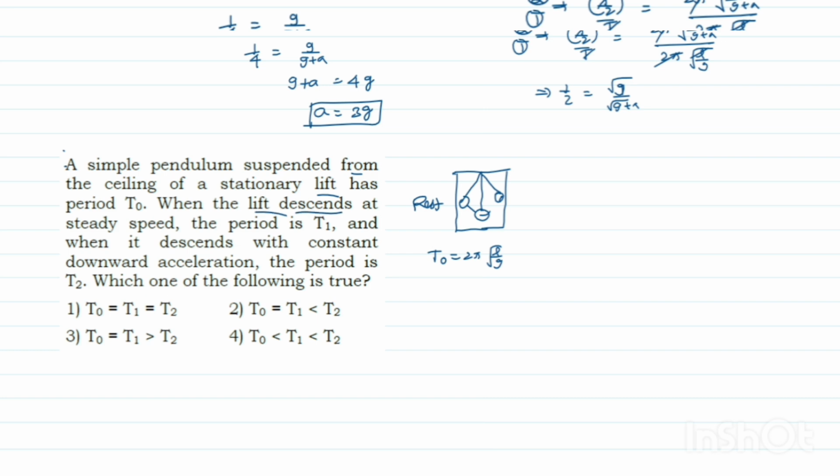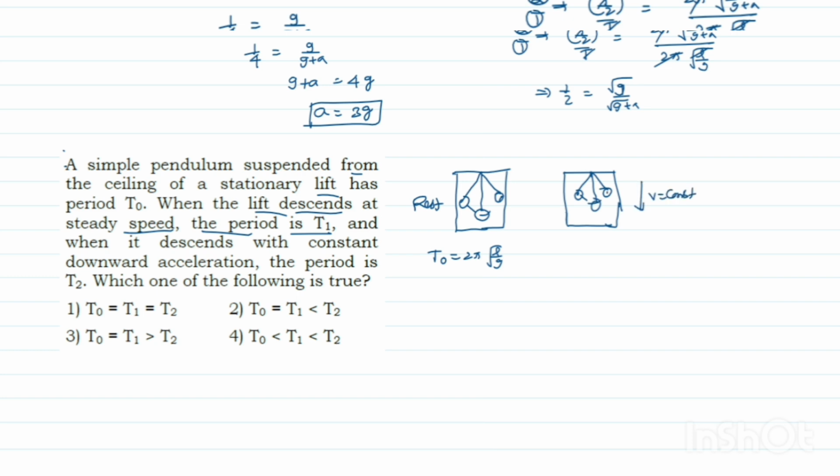When the lift descends at a steady speed, the period is given as T1. The lift is moving down with constant speed, and again it makes oscillations. Take the speed as constant.